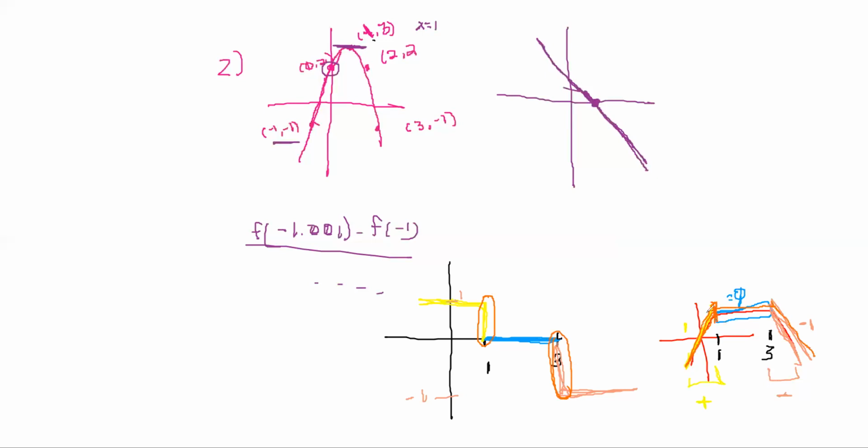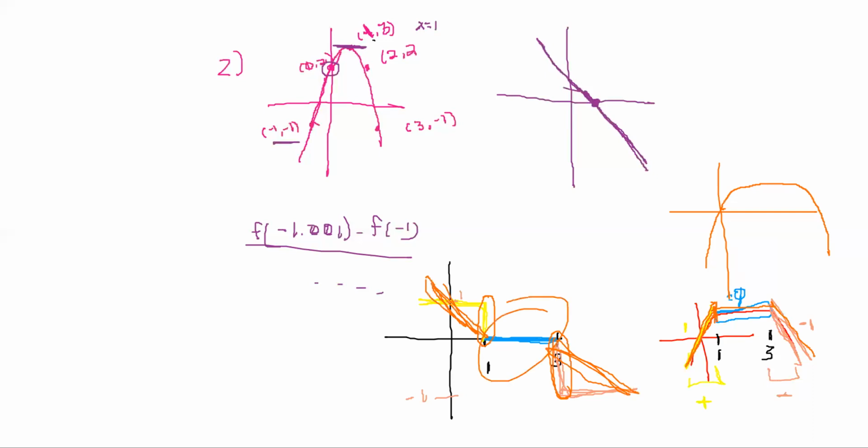But because I drew it as a line, that's what it would look like. If, for instance, it looked like this and was curved and then got flat and then curved down, then you would have a line coming like that and then a line coming like that. But you just have this flat area here, is the point. Okay.